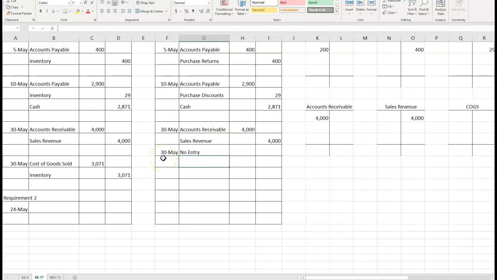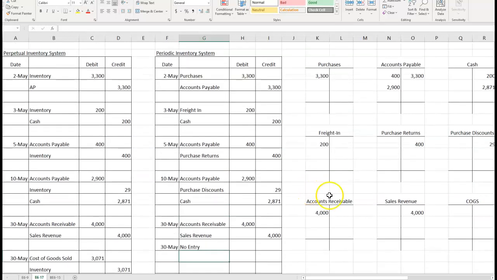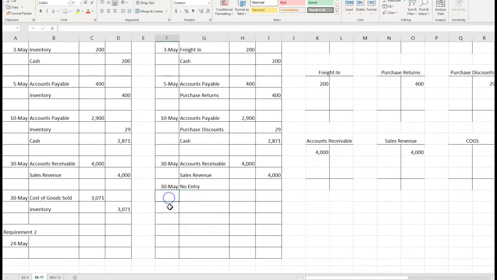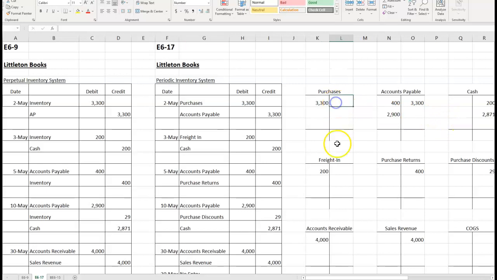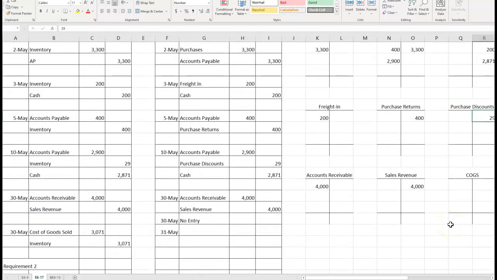All right. Now we have to close out all of these accounts. We're at the end of the month. We're at 5/31. And we need to close out all these temporary accounts: purchases, freight in, purchase returns, purchase discounts, and calculate cost of goods sold. So our goal is to get cost of goods sold.